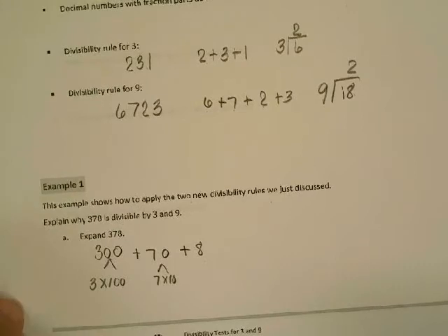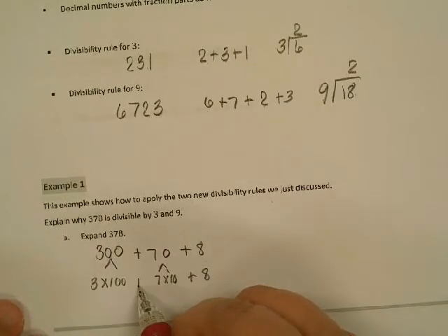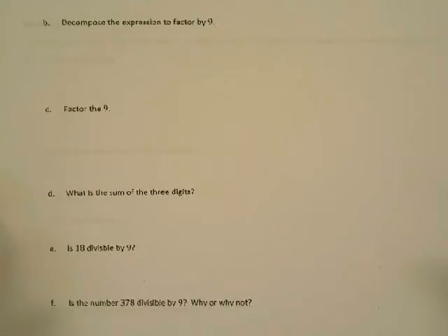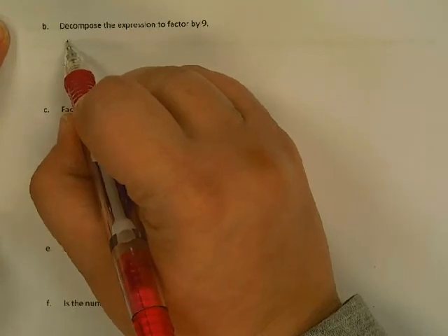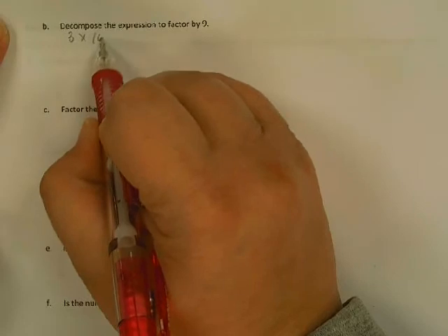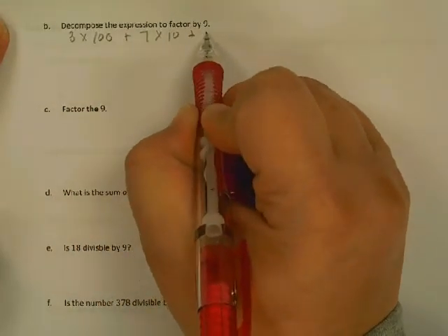I guess I could just leave the 8 here, and then we would be adding those numbers together. The next thing they want us to do is to decompose that expression that we wrote. So if you remember, I had 3 times 100 plus 7 times 10 plus 8.